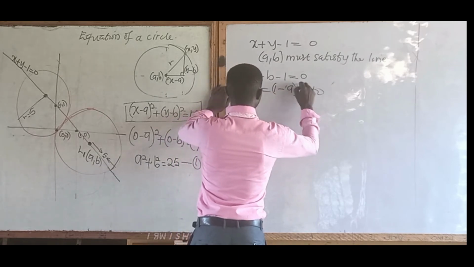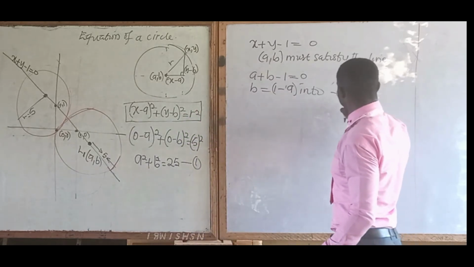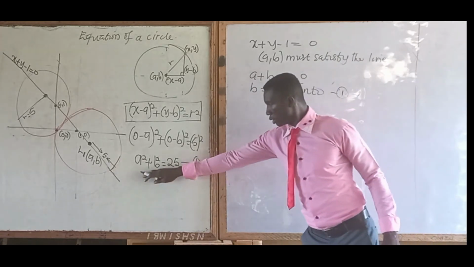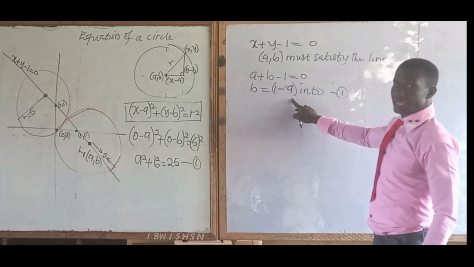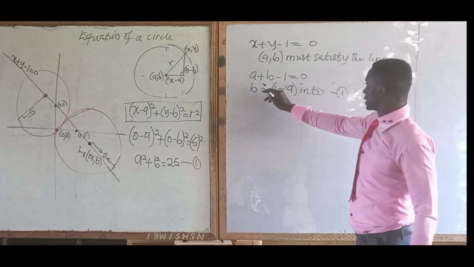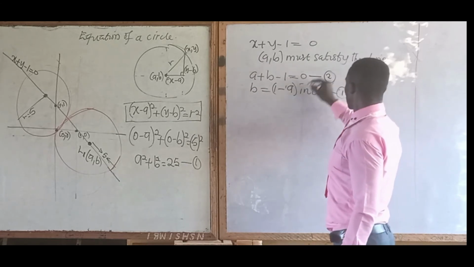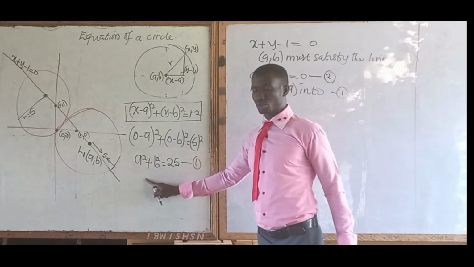Let this be our equation 2. Now, whatever you see b in equation 1, we put 1 minus a there, because we have made b the subject. So we are going to substitute equation 2 back into equation 1.